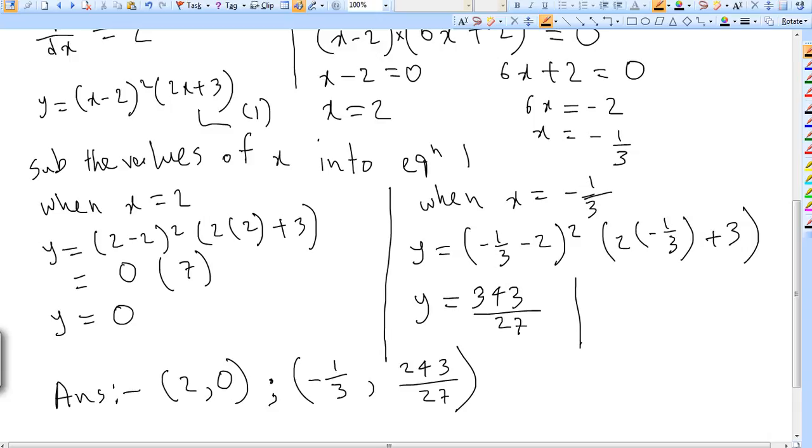So if we want to convert this into a mixed fraction, so let us see. 343 by 27. 12 times 27 is 324, so 343 divided by 27, the remainder is 19.